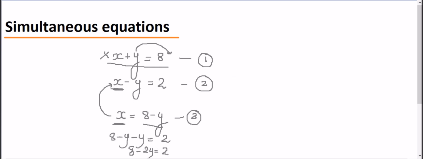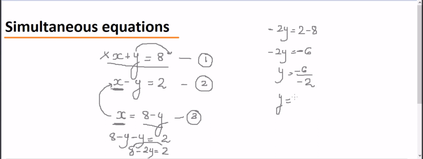If I transpose 8 over there, I'll get minus 2y equals 2 minus 8, which is minus 2y equals minus 6, and y equals minus 6 divided by minus 2, which will give you y equals 3.